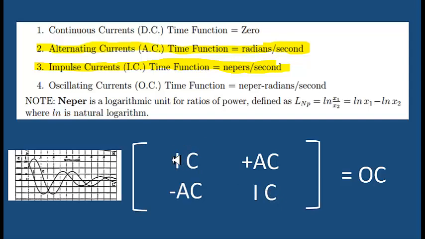Okay, so DC, I could put DC on the forward diagonal, but it is only a special case of impulse current according to Eric Dollard, and so it makes more sense to put impulse current on the forward diagonal, alternating current on the backward diagonal, and with this complex notation, we can produce direct current and oscillating current.